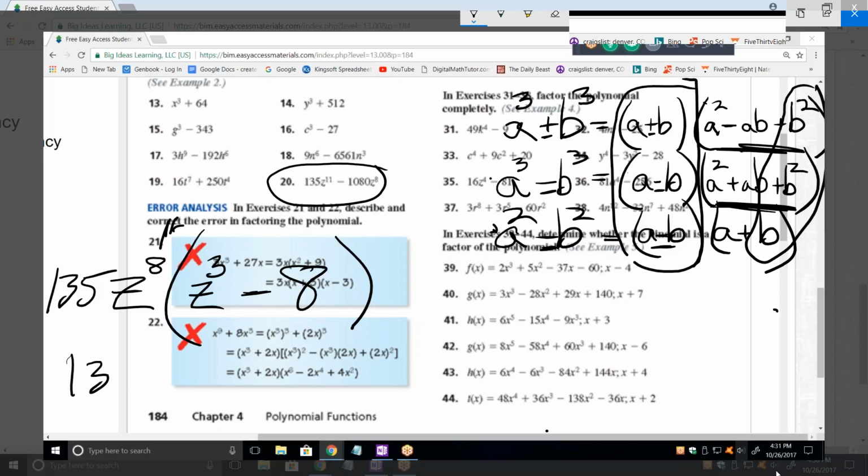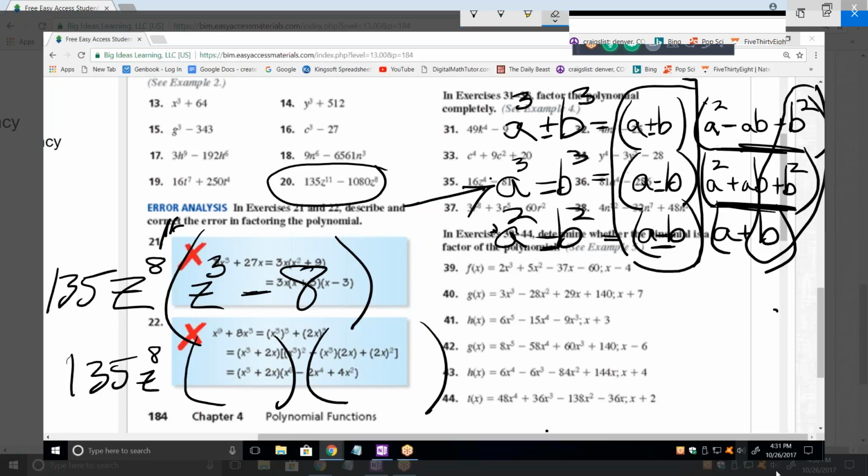So that is the sum or difference of perfect squares, or cubes, I mean. So it's this one right here. There's the difference of perfect cubes.